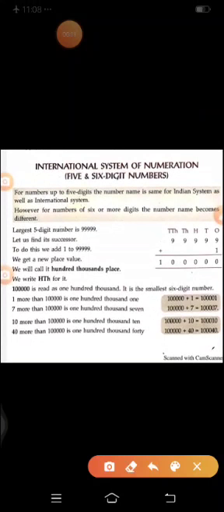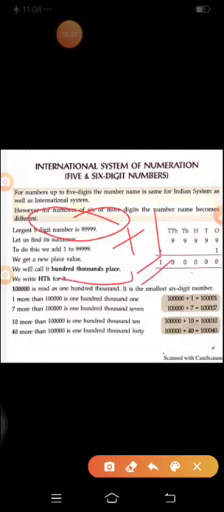To find the 6 digit number we will add 1 to the largest 5 digit number and we will get the 6 digit number, and that is 100,000, and this 100,000 is the smallest 6 digit number.